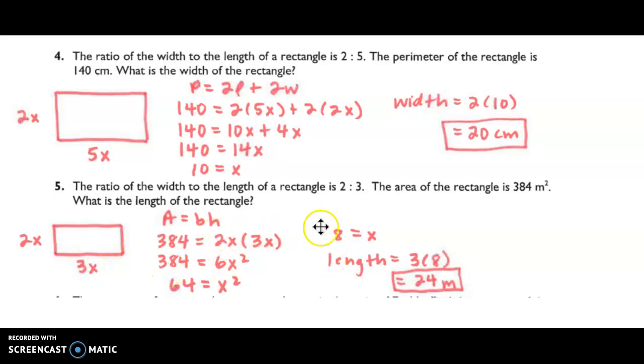And so, for area of a rectangle, it's length times width, or base times height, right? We probably should have changed this to length times width here. But 2x times 3x, okay? Using your algebra solving skills, all right? Got to take the square root at the end here, okay? So again, I wanted to emphasize how to do these ratio problems, okay?